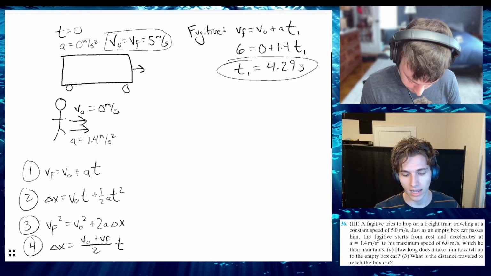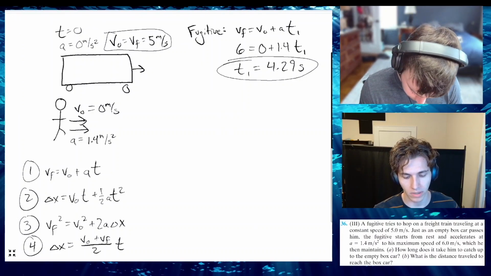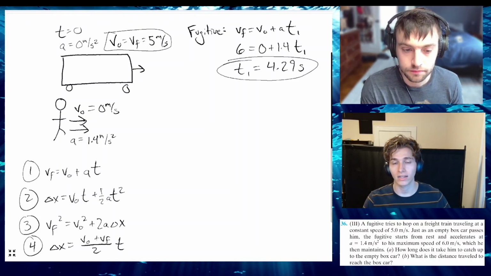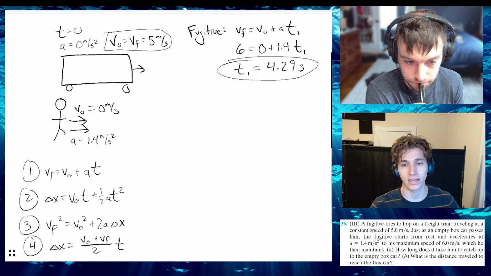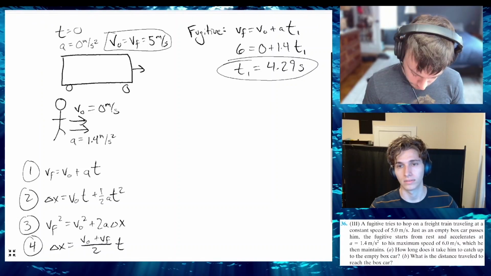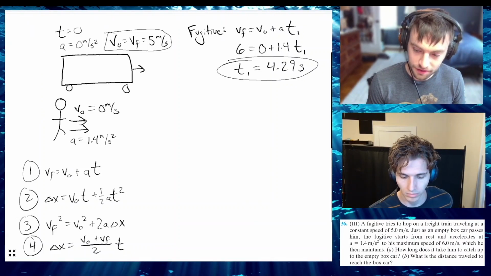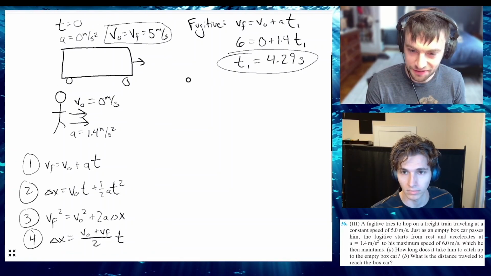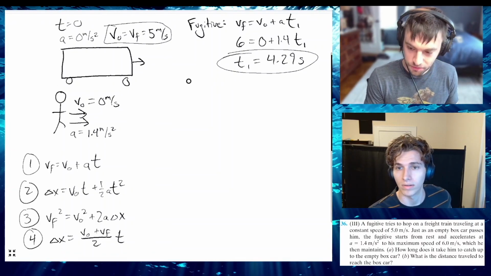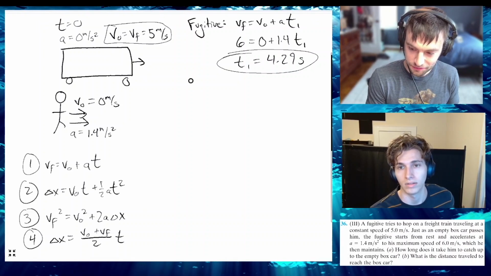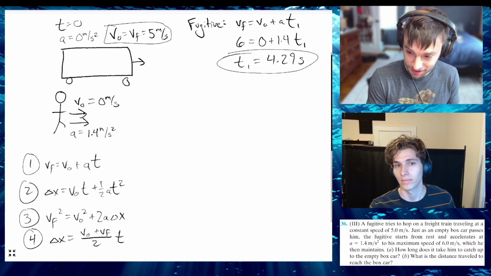Let's see how far he travels in those 4.29 seconds. So now we have time, we have initial velocity, we know the acceleration. How can we calculate the fugitive's distance covered in that time? So we know in 4.29 seconds, he is moving 1, and I forget the unit, but we know the train is moving at a rate of 5 meters per second.